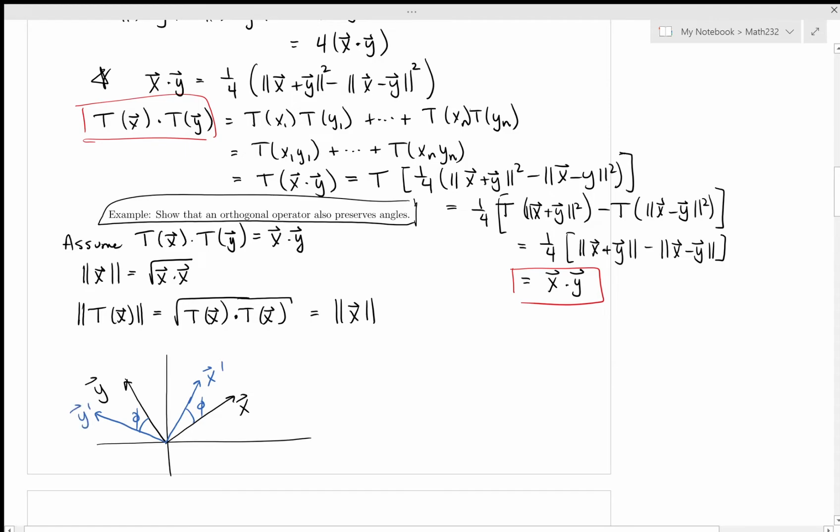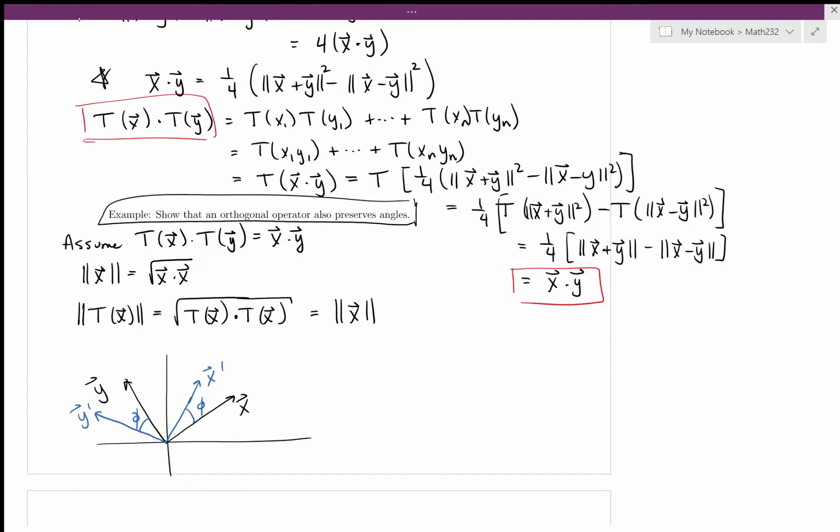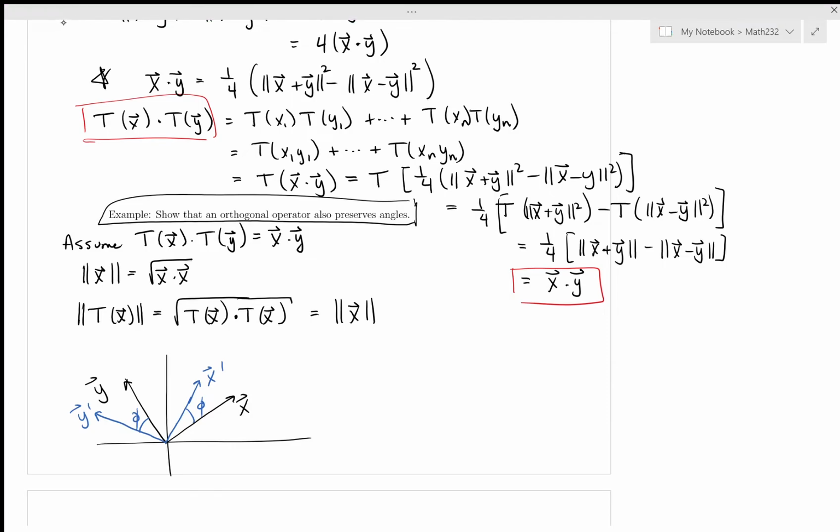So each one of them has been operated on by the rotation operator, which is length preserving. And then what we want to see is that the angle between x and y originally, this angle right here, which let's call theta, is still theta after doing this orthogonal operation.